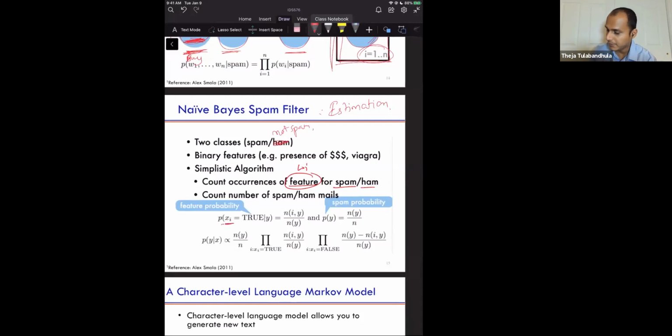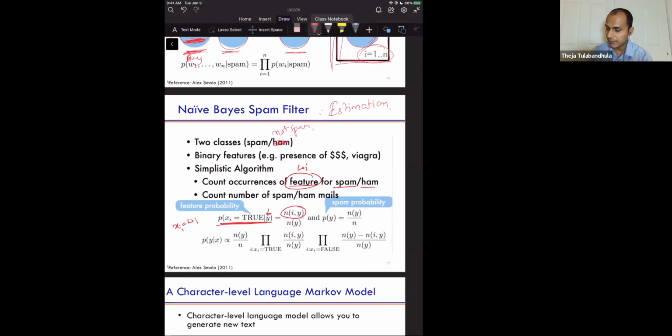Let's say here I'm using x's, but it should be w's. So x is equal to w here, xi is equal to wi. So the probability of a word being present, given that it's spam or not, is just a joint occurrence. In the training data, look at all the rows which correspond to spam, and in those rows, look at whether the word was there in the input vector.